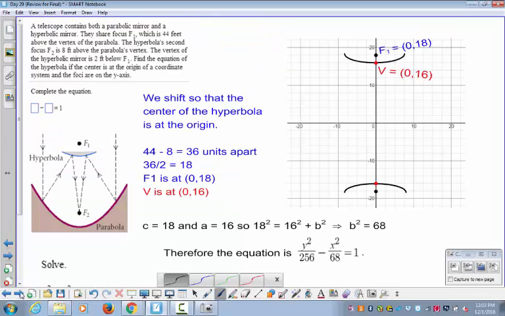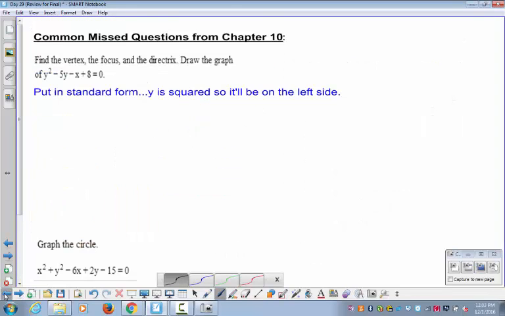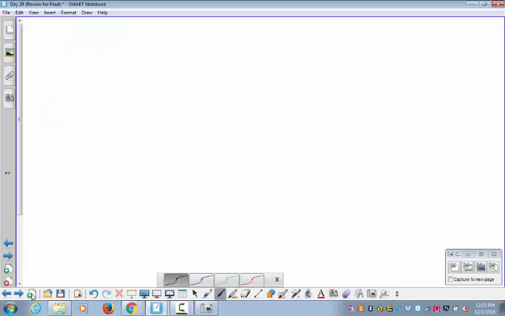Let's take a look at a really classic log equation. So a really common type of log equation looks like this.